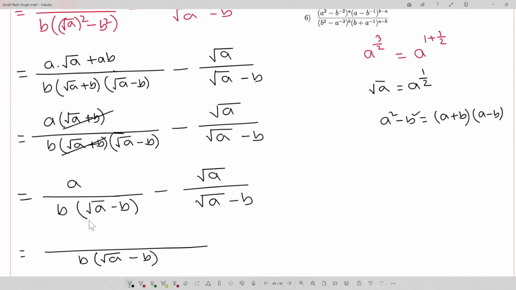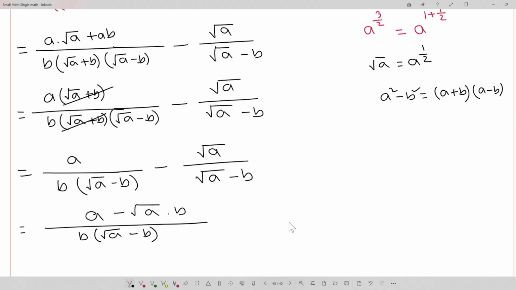So what we can write here is a minus root a b. Now look, we can take common here: here is a and here is a root a.